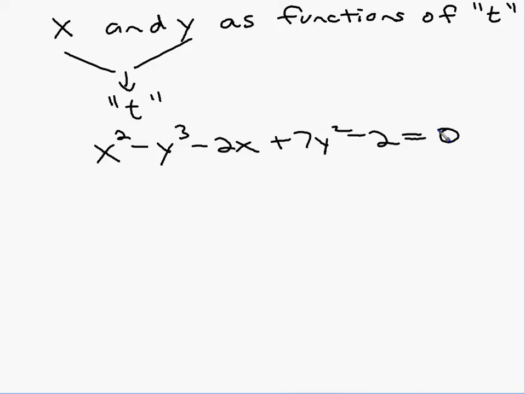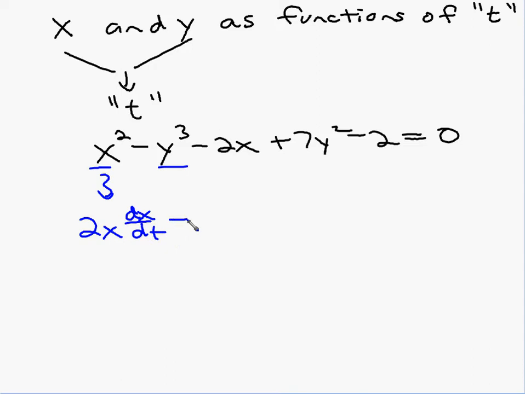Let's say that I have that expression, but we are relating it to a third variable, t. Well, if that's the case, I have to do both the x terms and the y terms like I do the y's normally. So when I do the derivative of x squared, it would be 2x dx dt.